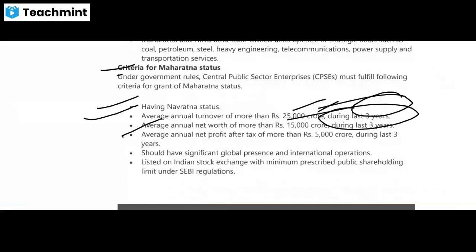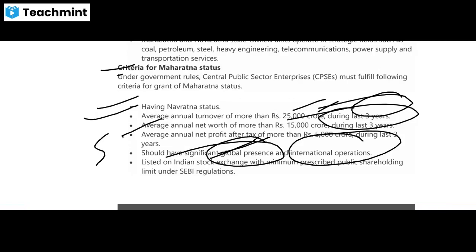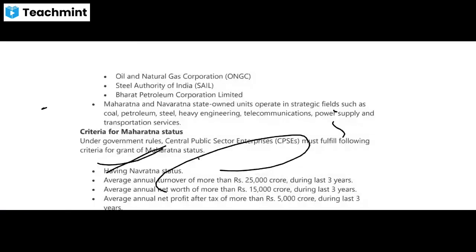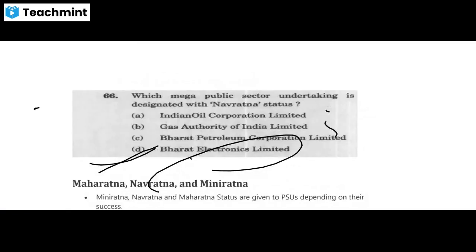And other conditions are the average annual net profit after tax of more than 5,000 crore during last 3 years, and it should have significant global presence and international operations. It should be listed in the stock market according to SEBI regulations. So in this question, the correct answer is your Bharat Electronics Limited, BEL.